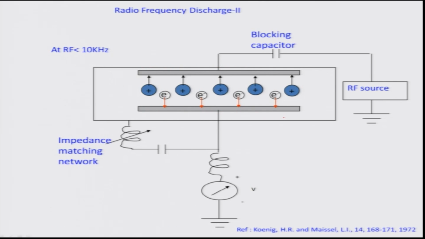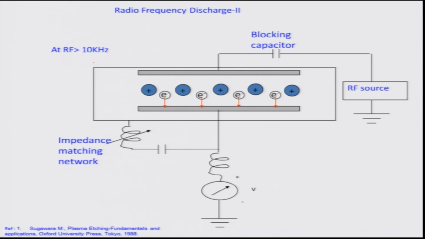Now, there is a situation beyond a certain critical frequency, in the range of about 10,000 hertz or 10 kilohertz, where the ions are too heavy, and so they are not able to follow the field anymore, unlike the electrons which are going to go to the plates. So, the ions confine themselves to the bulk of the plasma, whereas the electrons travel from end to end, making the plates relatively negatively charged with respect to the bulk of the plasma.